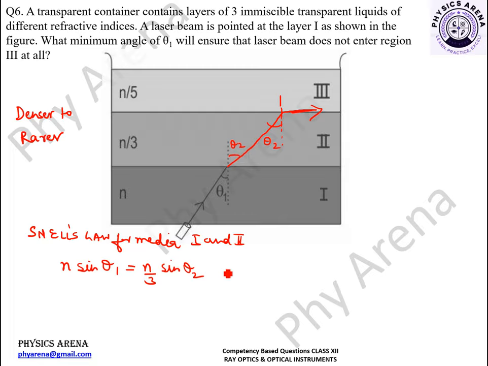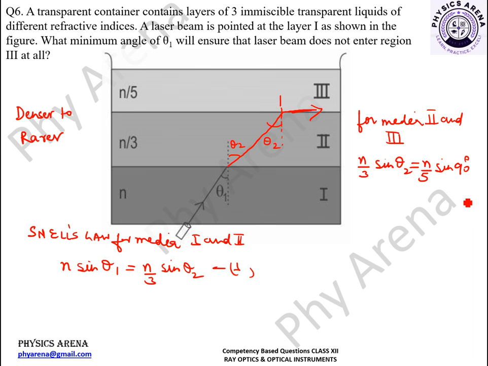Now again we can apply Snell's law at this interface for media second and third. What we can write: n by 3 sine theta 2 is equal to n by 5 sine 90.